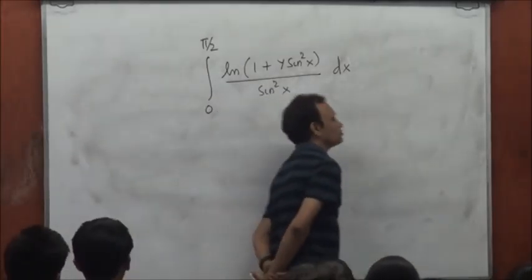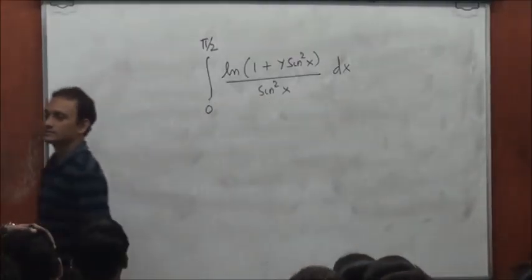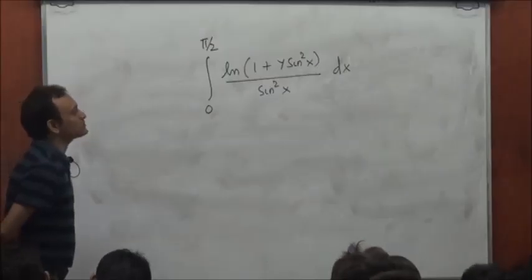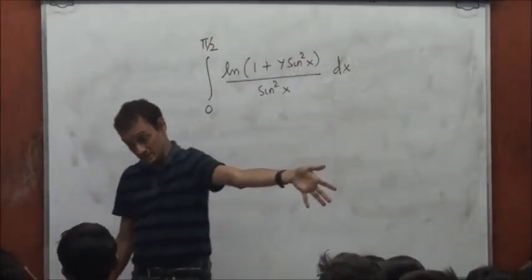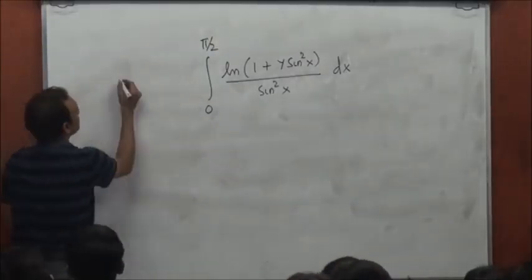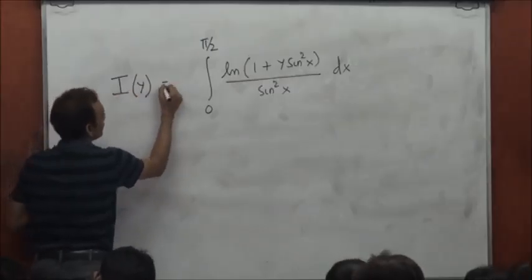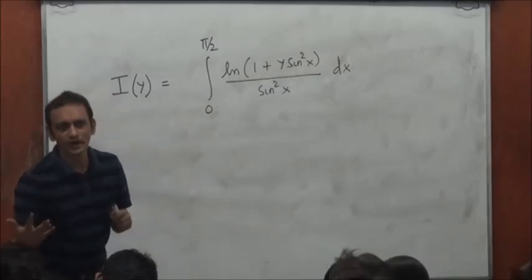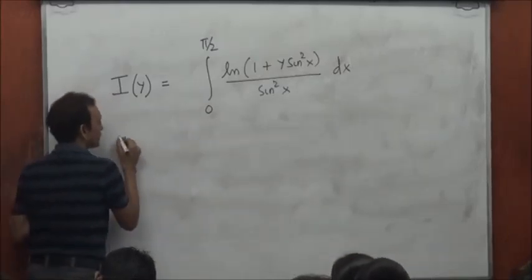Integral 0 to pi by 2 of ln of 1 plus y sine square x. Integrate with respect to x and plug in the limit. x goes away, but y remains. It's going to be a function of y. Differentiate with respect to y, I dashed y.